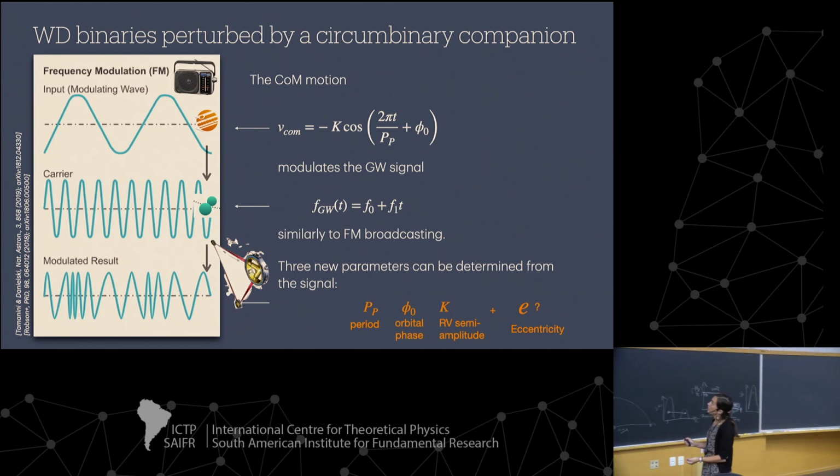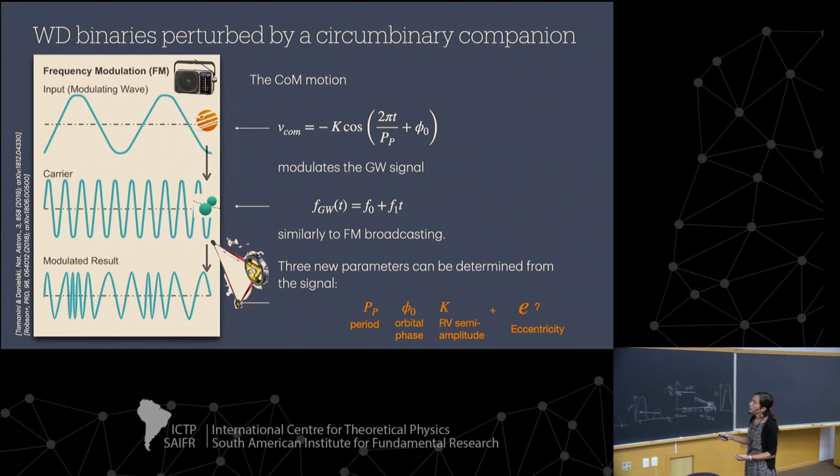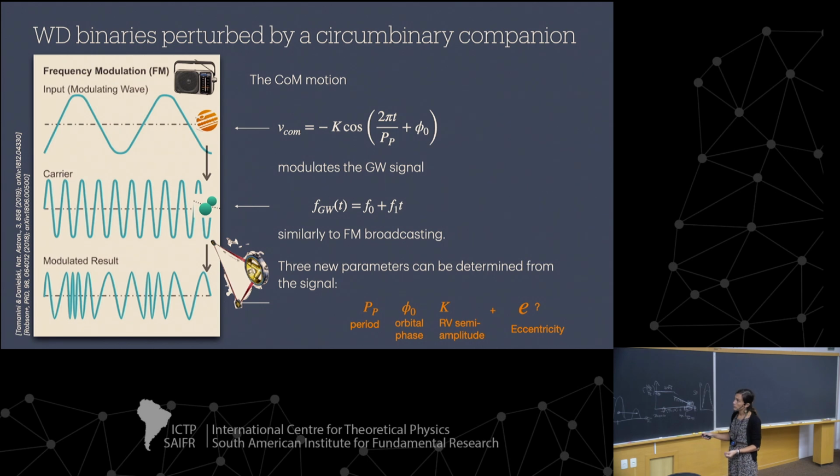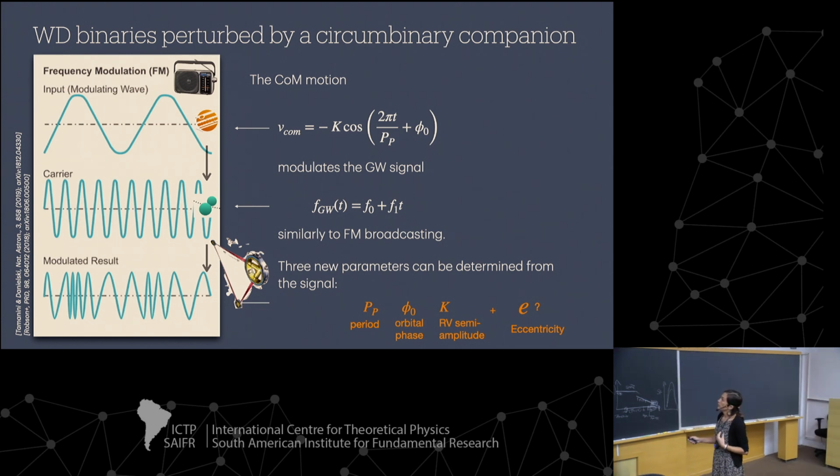And then you have an extra object that is perturbing the orbit. And what it's doing, you're basically combining, and you have a modulated result, which is this. You can see that the modulation is still periodical, and that tells us that there is something that is orbiting around the binary. And this is what LISA will be able to detect.